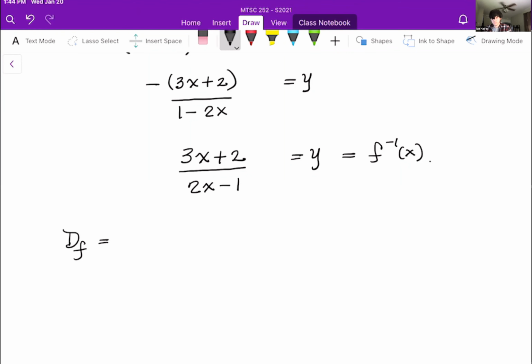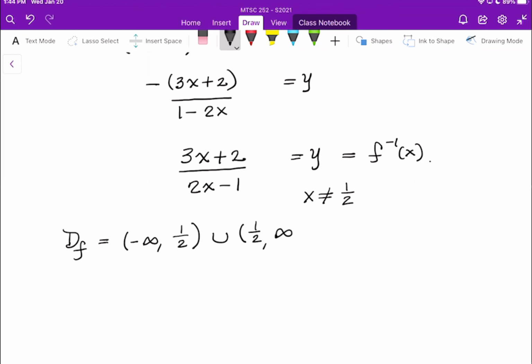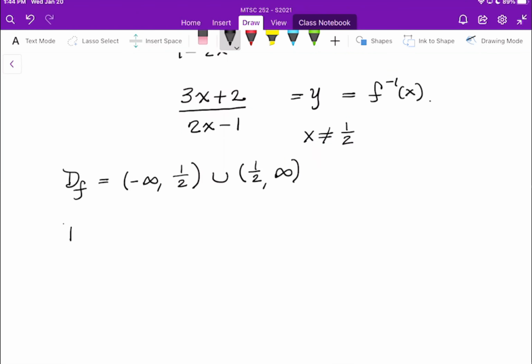Good. So x cannot be 1/2. So I can put minus infinity up to 1/2, I can union that with 1/2 to infinity. I can write that as the set of all x such that x is not equal to 1/2.